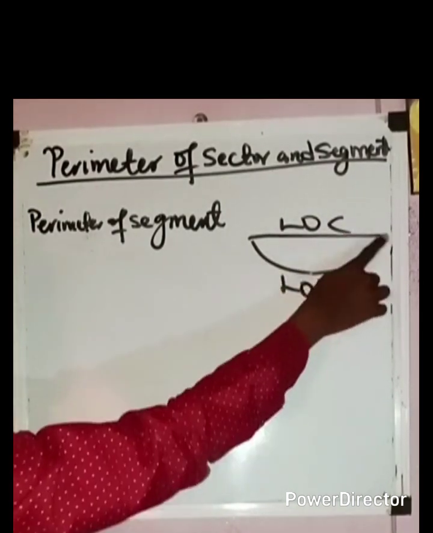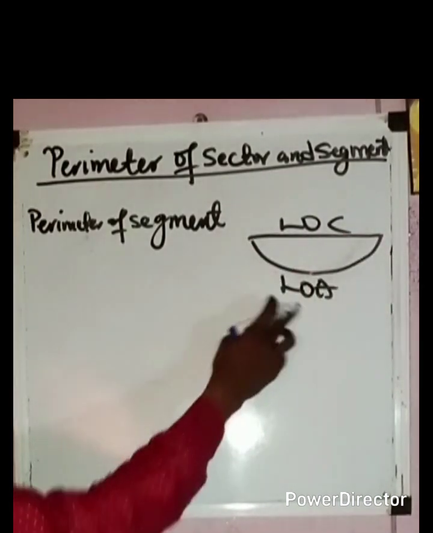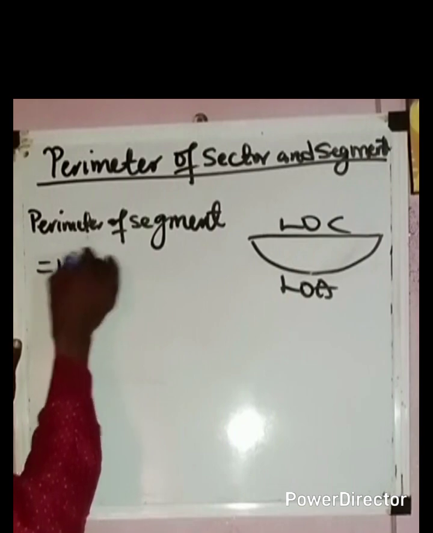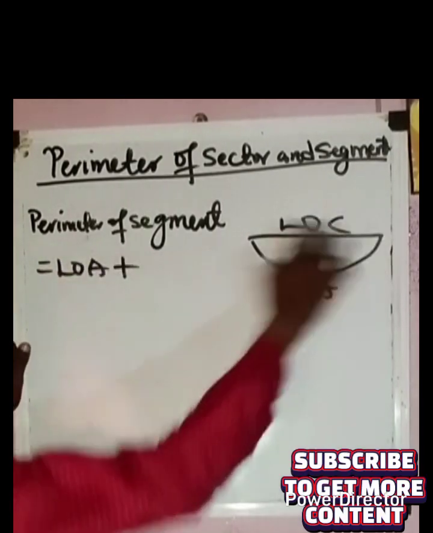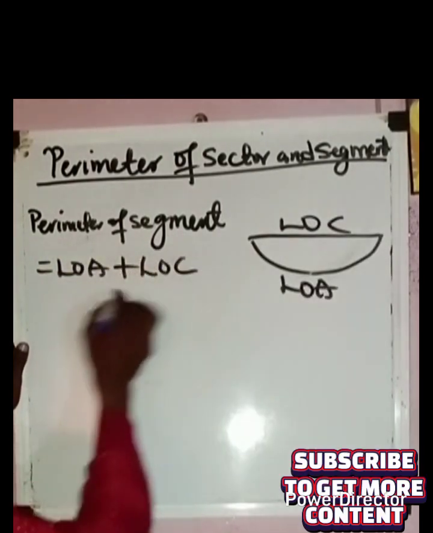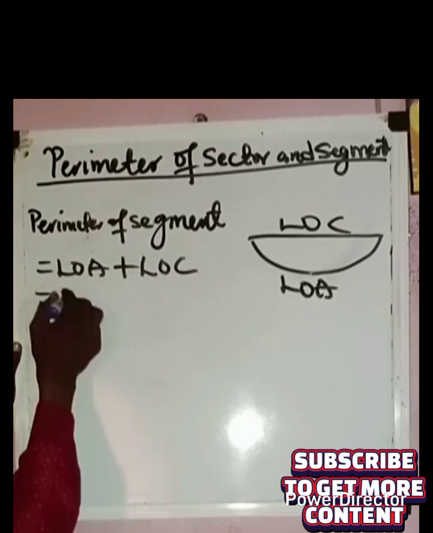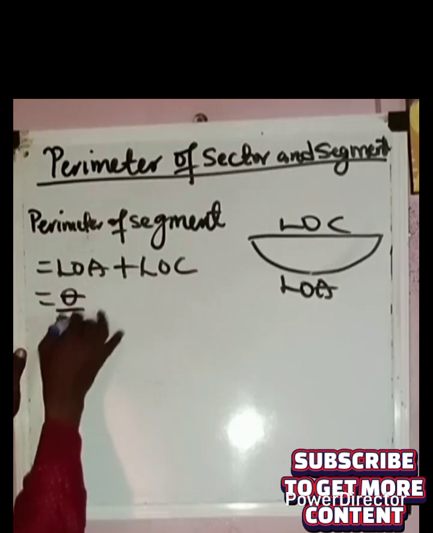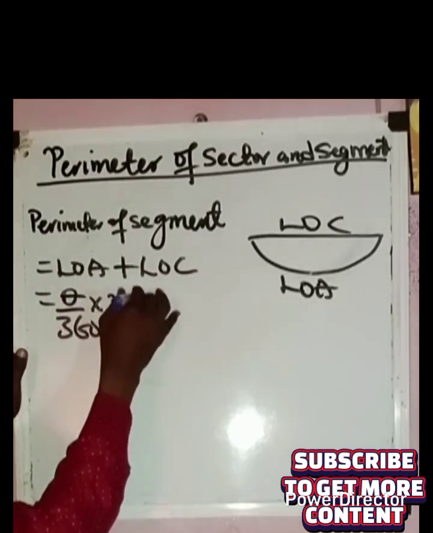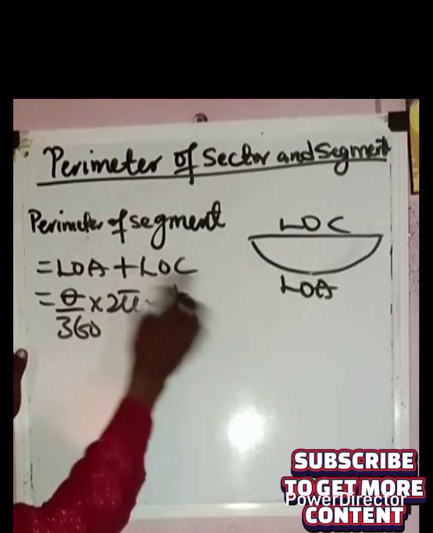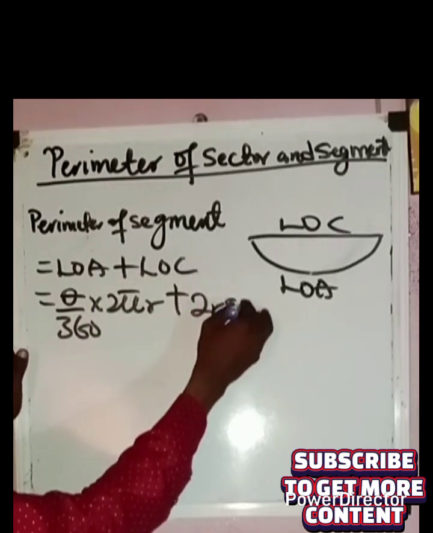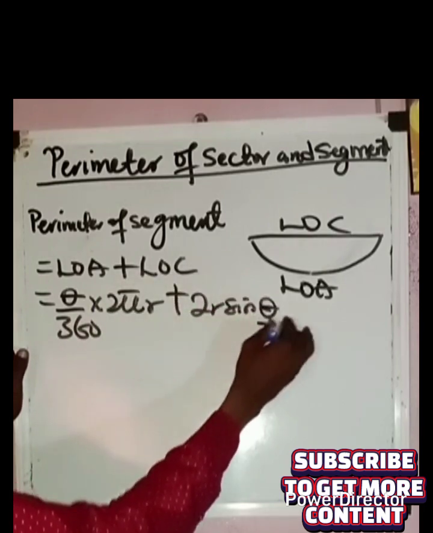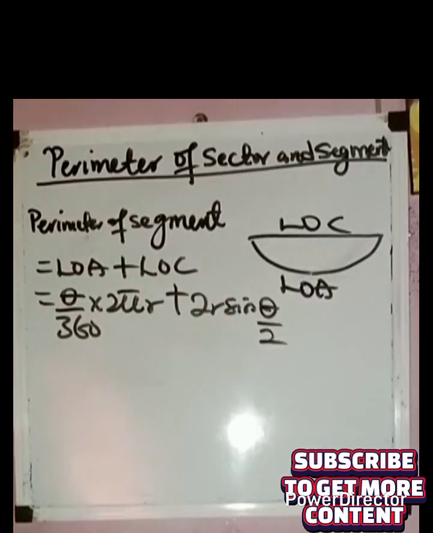So we add length of arc plus length of chord. Length of arc is given by theta over 360 times 2 pi r, plus our length of chord is 2r sine theta over 2.